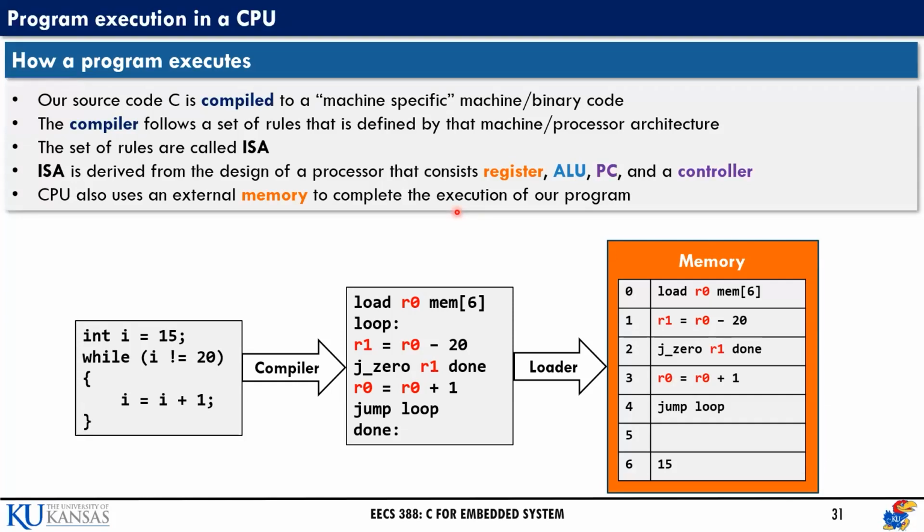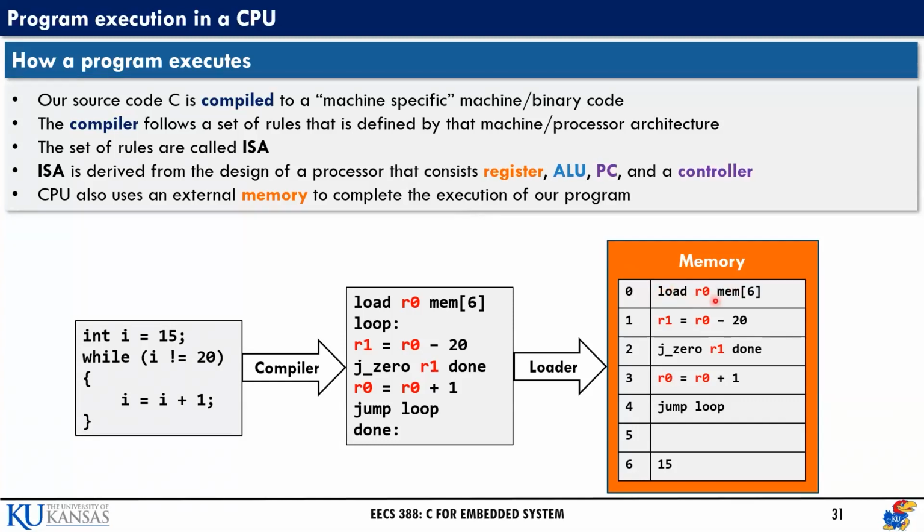So for lab 2, I just want to revisit the program execution concept again. We know that after compilation of our C program, we get the machine or binary code, and each line of our machine code represents an instruction, right? So in our memory, you can see here each memory address contains an instruction.